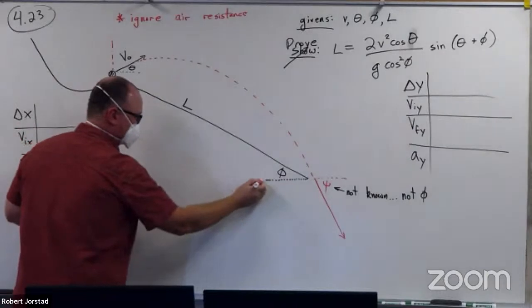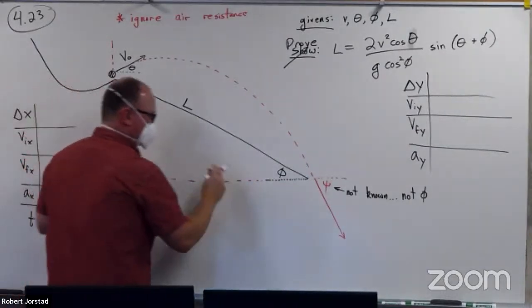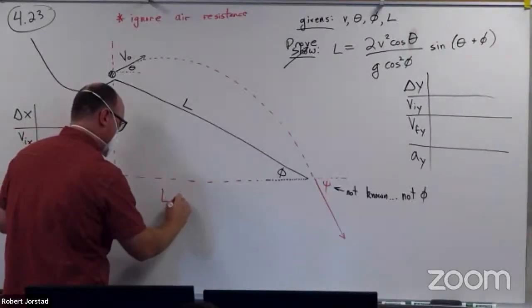Isn't this our normal XY coordinate system? So is delta X equal to L? No. What is it? L cosine phi? Yeah, nice.